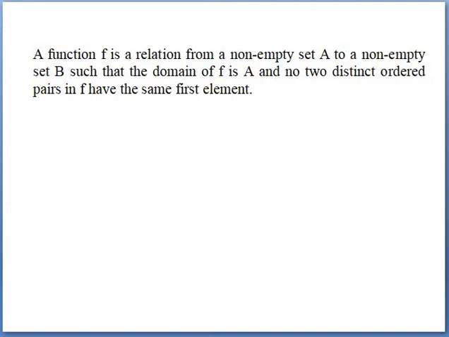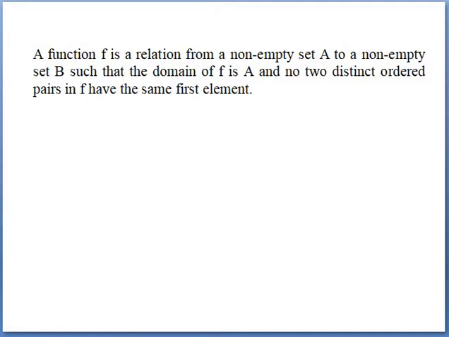Then the second condition is the domain of f is A. That means, in other words, every element of the first set of that particular relation must be a pre-image of some element.